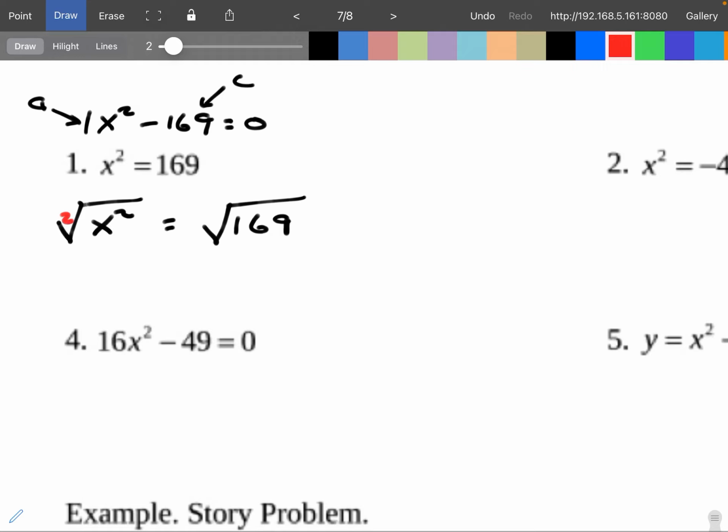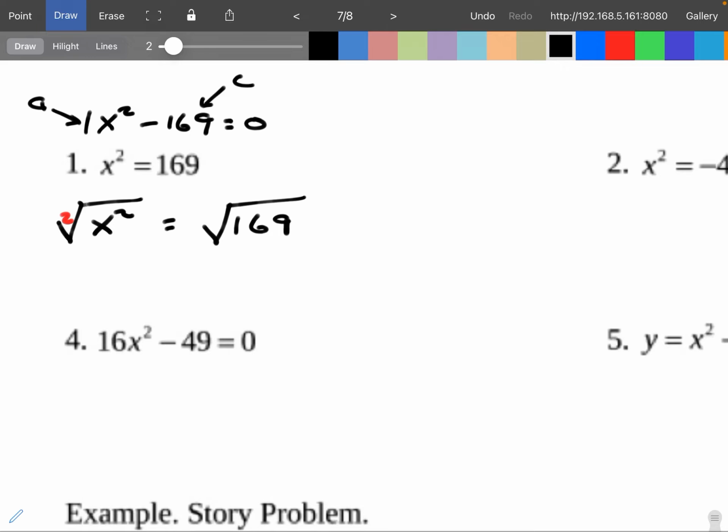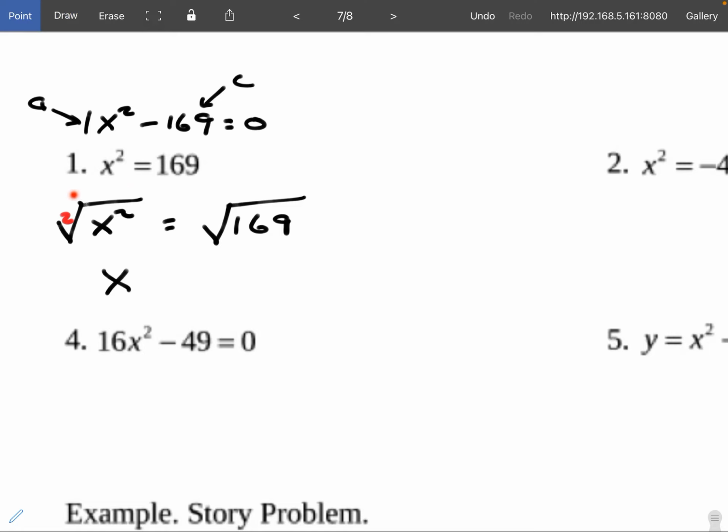And then what happens is, you know that this is actually a 2 right here. If there's nothing written in this spot, the index of this root is a 2. And then the square root and the square, they cancel each other out. They undo each other. Those are opposite operations. So all you get on the left-hand side then is just x.